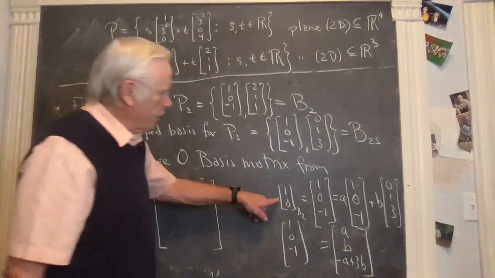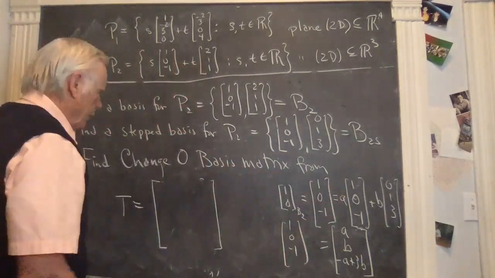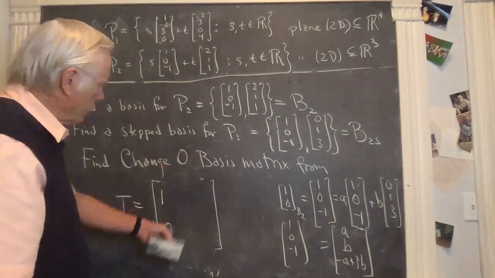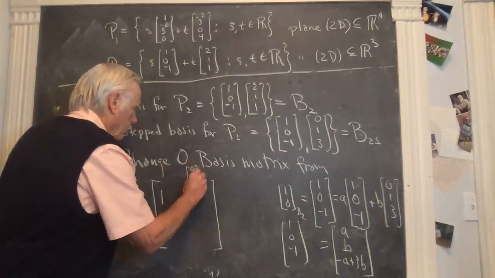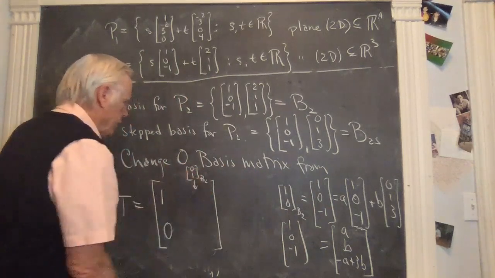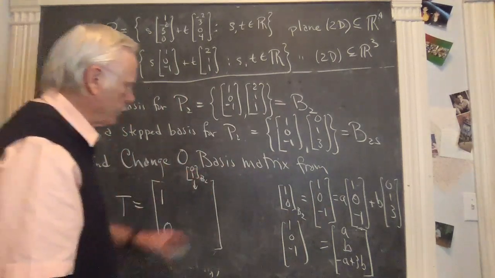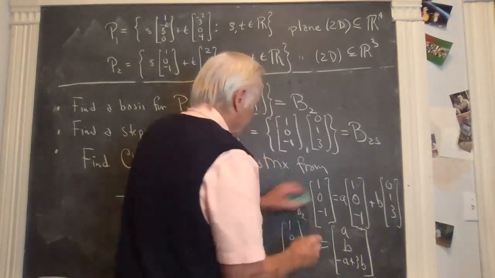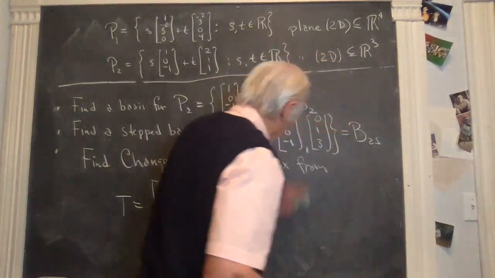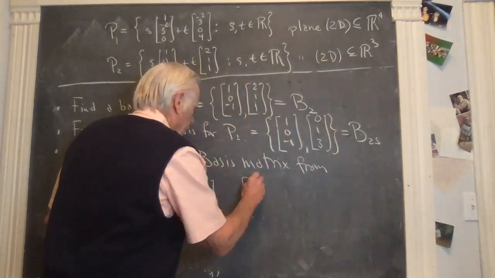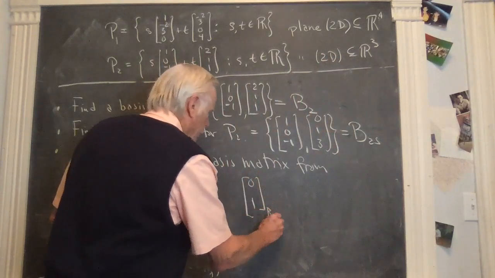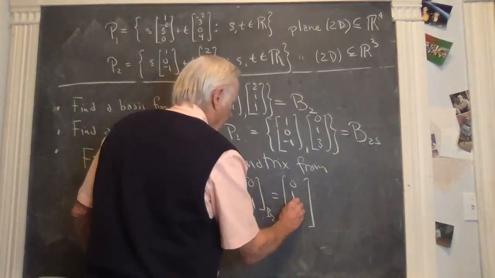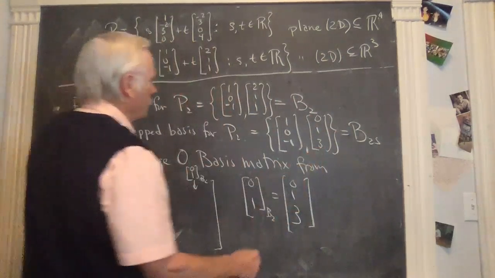So taking the first one of B2, writing it in terms of B2S, you get 1 and 0. And now to get the other column, we take 0, 1 according to B2 and write it in terms of the stepped basis, B2S. Take 0, 1 according to B2. This is 2, 1, 1.